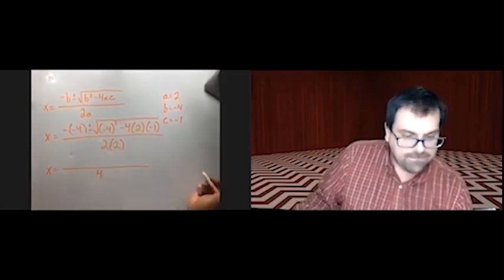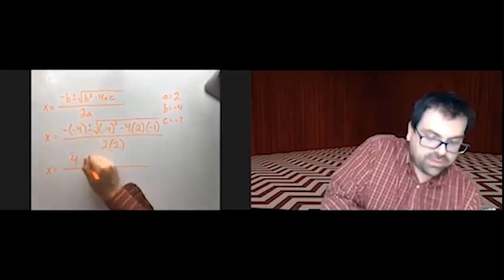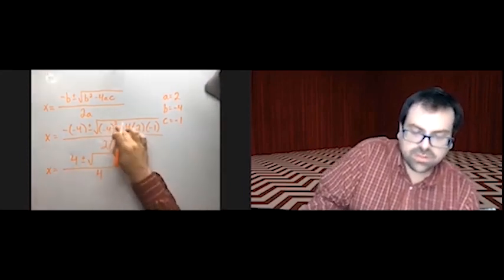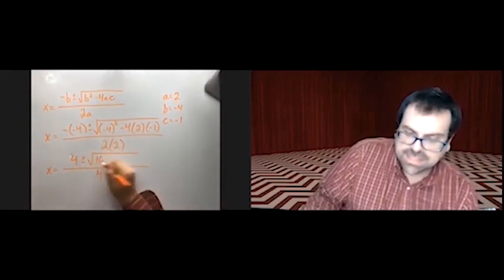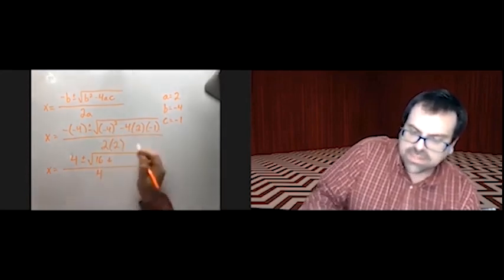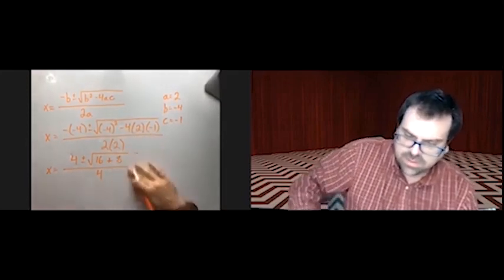That's all over 4. The opposite of negative 4 is positive 4, plus or minus the square root of negative 4 squared is positive 16. Negative times negative is positive. 4 times 2 is 8. Times 1 is 8.